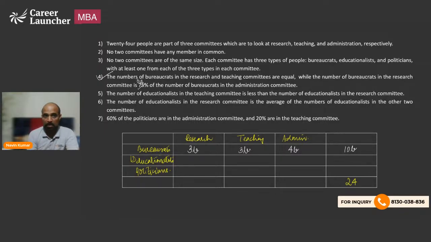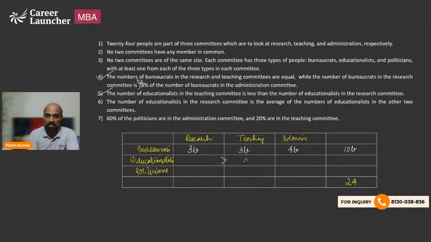Next, the number of educationalists in the teaching committee is less than the number of educationalists in the research committee. So this value is less than the research one. Done with this. The number of educationalists in the research committee is the average of the number of educationalists in the other 2 committees.